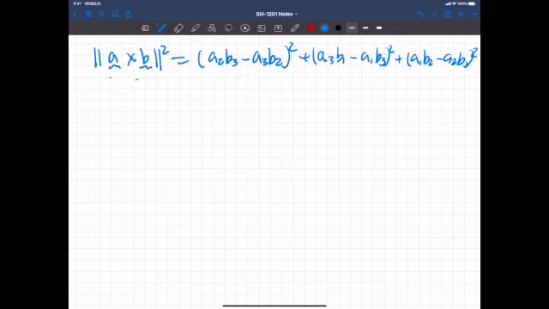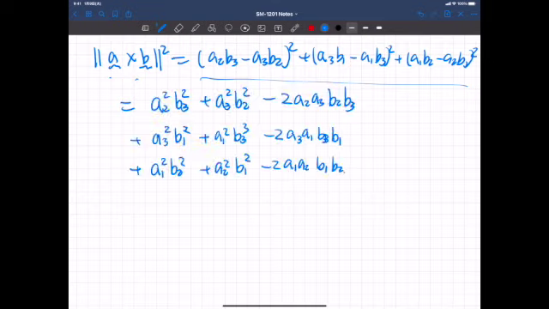If you expand all this, it's a lot of writing, so by expanding, this becomes this, and this becomes this, and this becomes this.